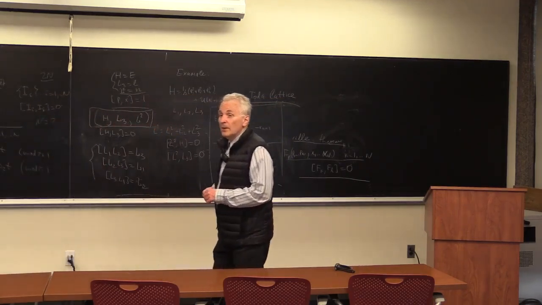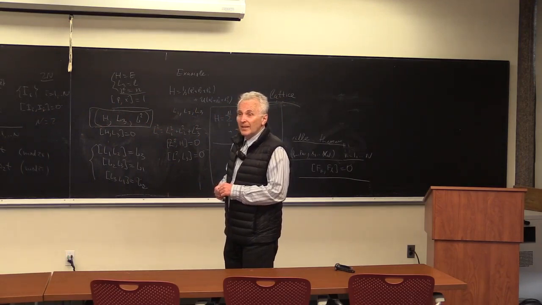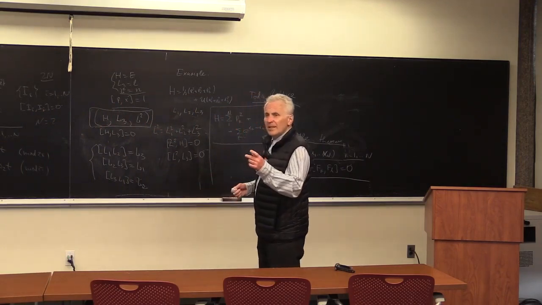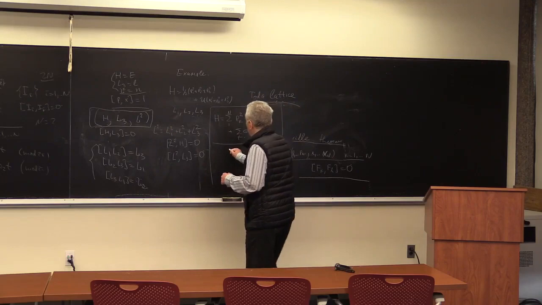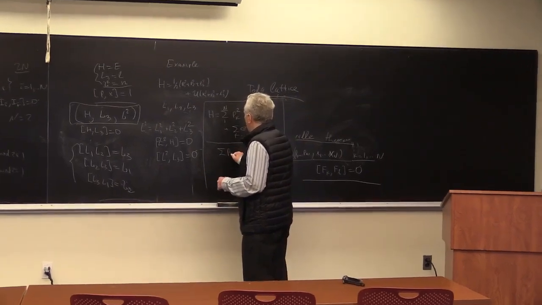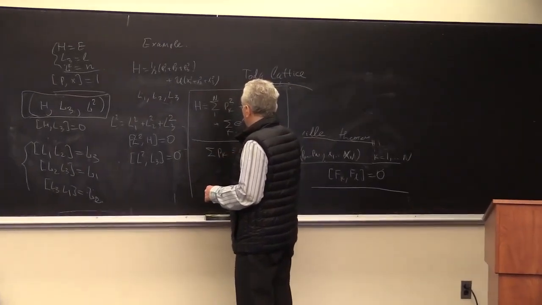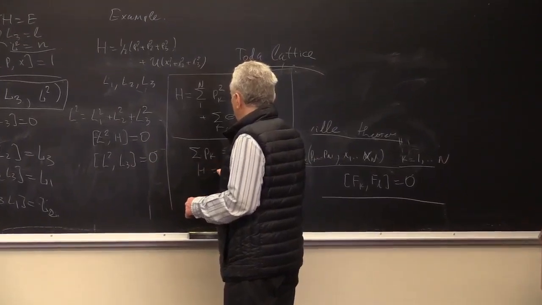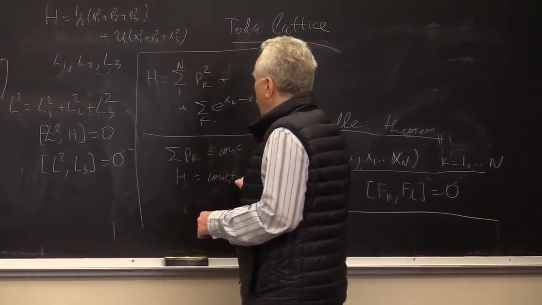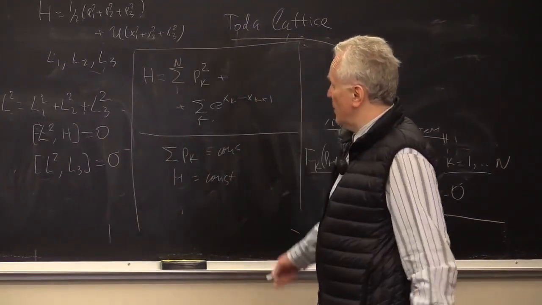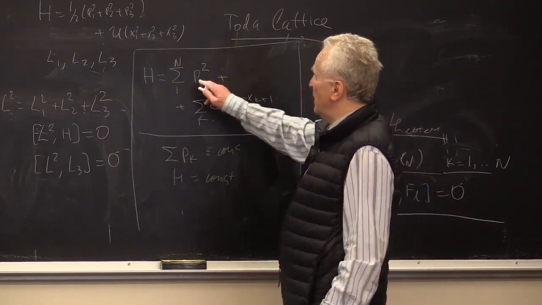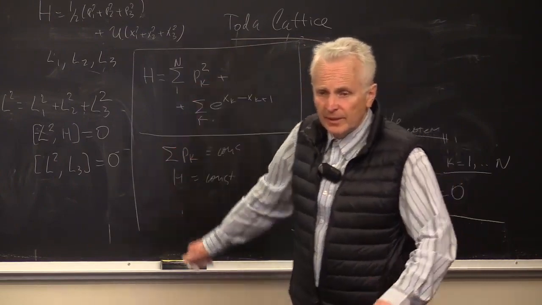Which leads to conservation of what? Linear momentum. Yes, you can easily see that the sum of p_k is constant in time, and H is constant. So something which begins with p, and p squared, is constant.